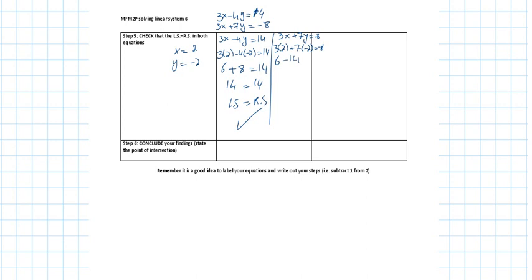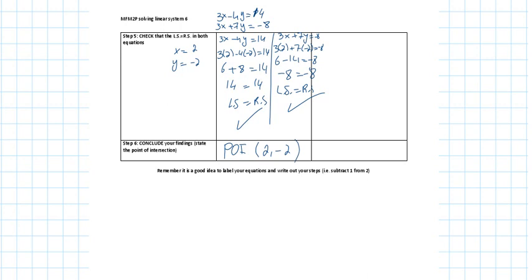What's 6 minus 14? Negative 8. Right? So that again tells me that the left side is equal to the right side, which means that my solution is correct. And my point of intersection is 2, negative 2.